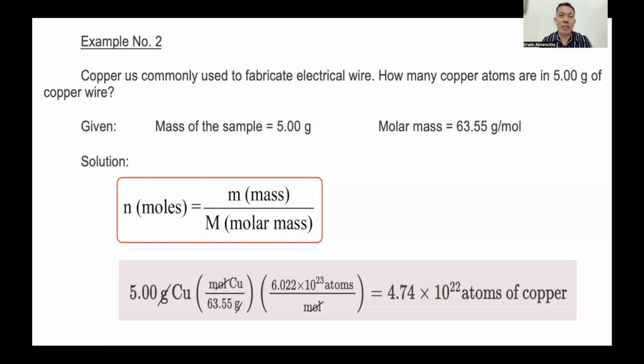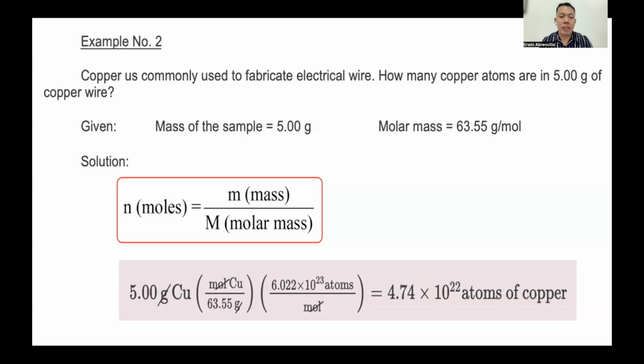But it's almost the same in the sense that all you have to do is multiply it with Avogadro's number. Now, we substitute 5.0 gram for the mass of the sample, which is the mass of copper, divided by 63.55, which is the molar mass, and then cancel the grams.